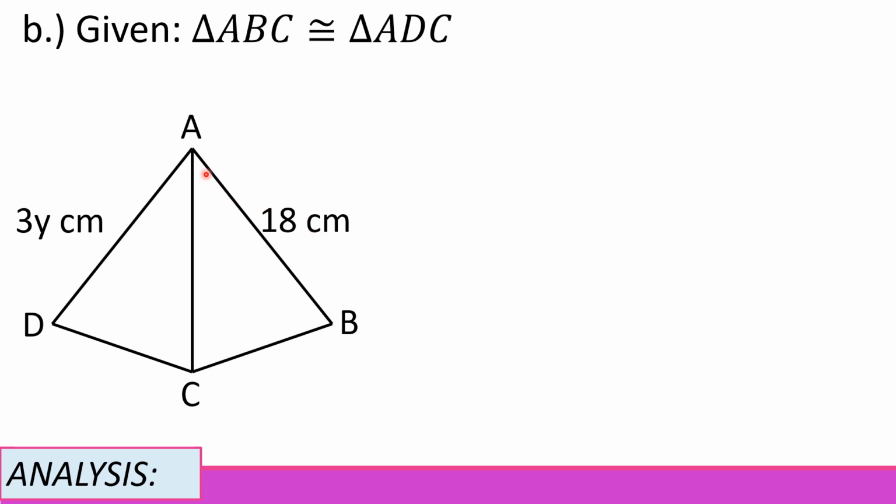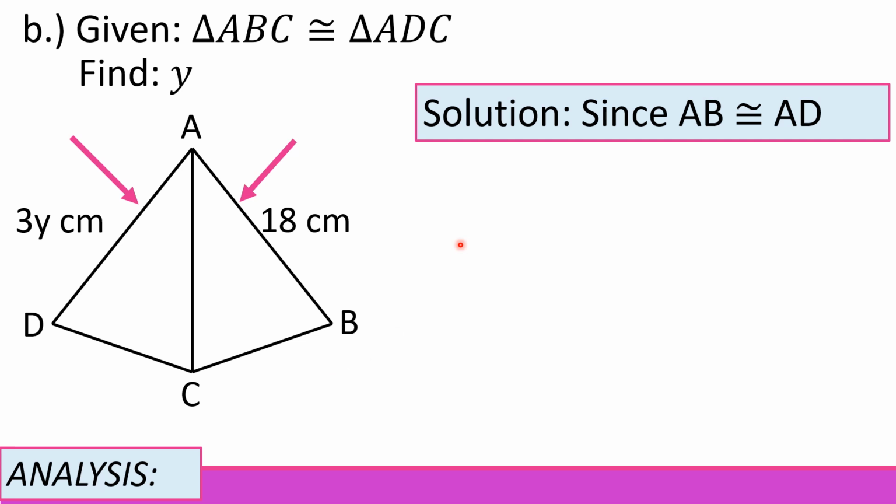Given that triangle ABC is congruent to triangle ADC, we are going to find for y. We're going to solve for the value of y. So, how are you going to do it? So, we have here the solution.